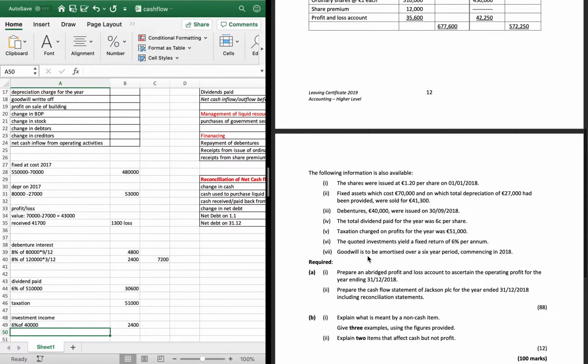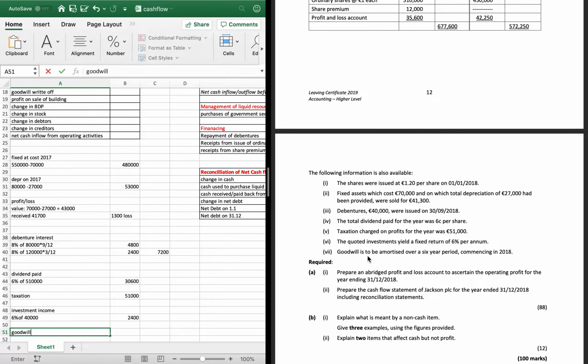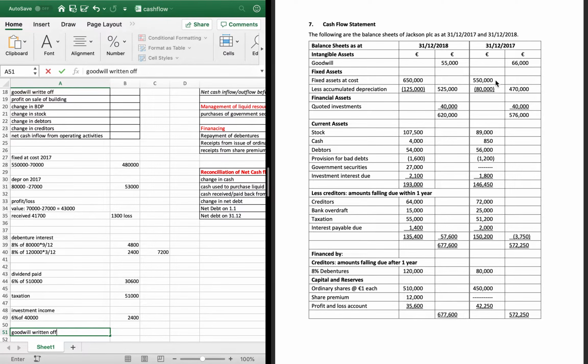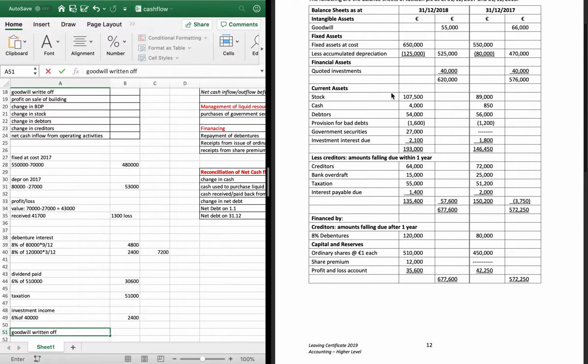So that's that done. Goodwill is to be written off over 6 years, so we'll just put that in. Over 6 years commencing in 2018. So the goodwill is 66,000 and 55,000, so it's 11,000 of a difference.